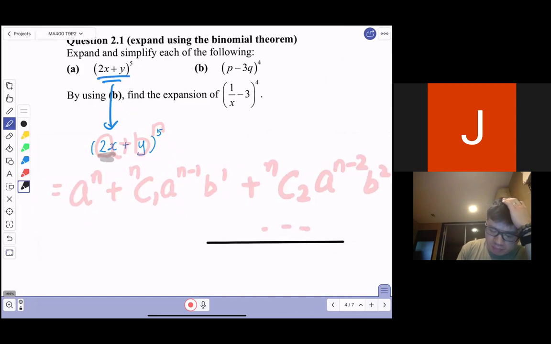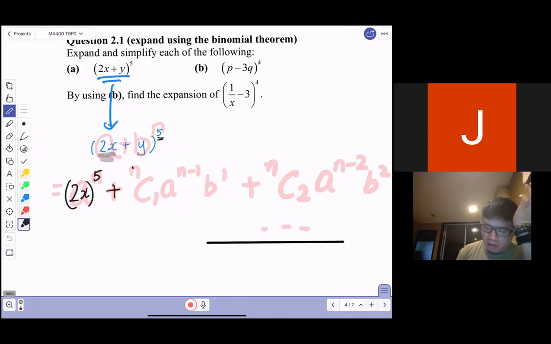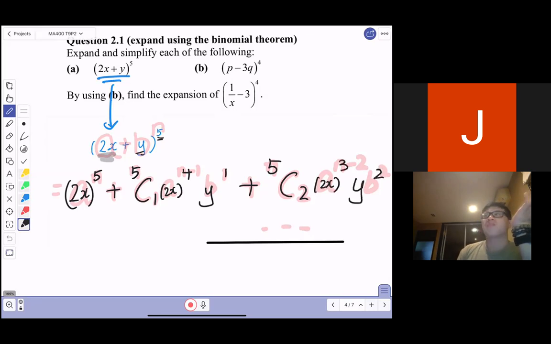This is my a, so I write 2x, the whole bracket, to the power of 5 plus, n is my 5, 5 choose 1, 2x again, to the power of 5 minus 1, which is 4. And my y is b, so it's y to the power of 1. Then 5 choose 2, 2x to the power of 5 minus 2, which is 3, and y squared.